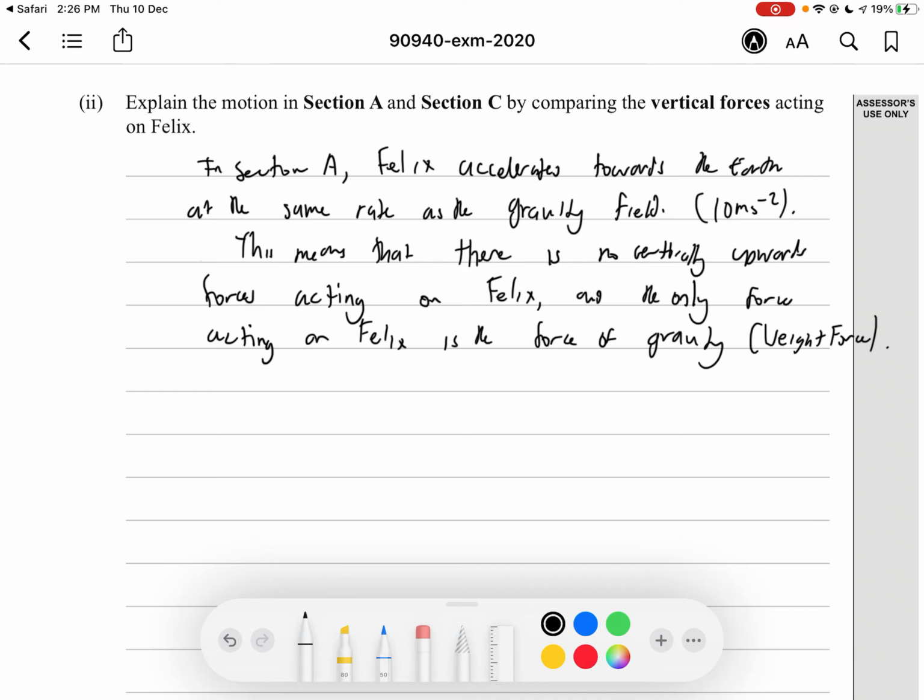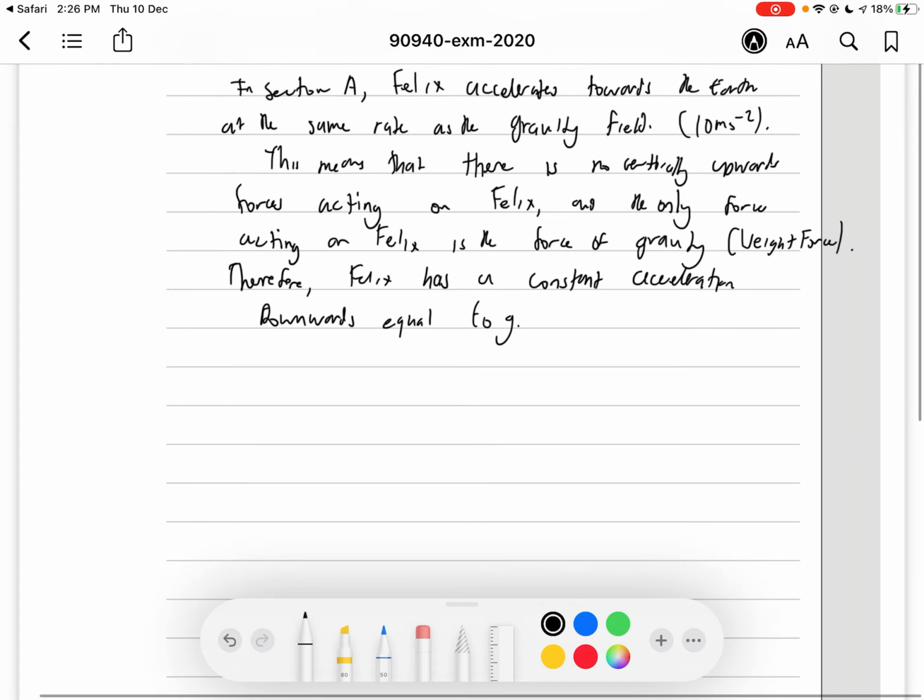So the only force that's acting is the weight force. Okay, so that's section A. So therefore Felix has a constant acceleration downwards. Okay, so that's our section A.